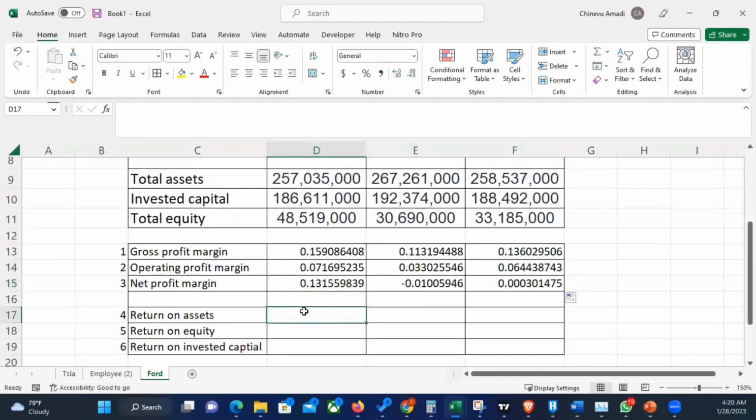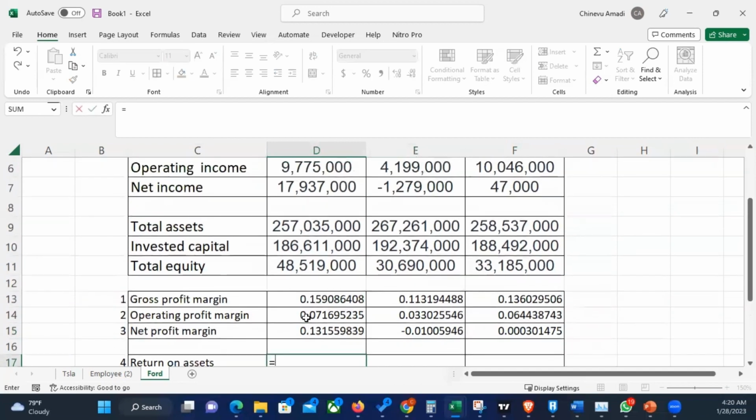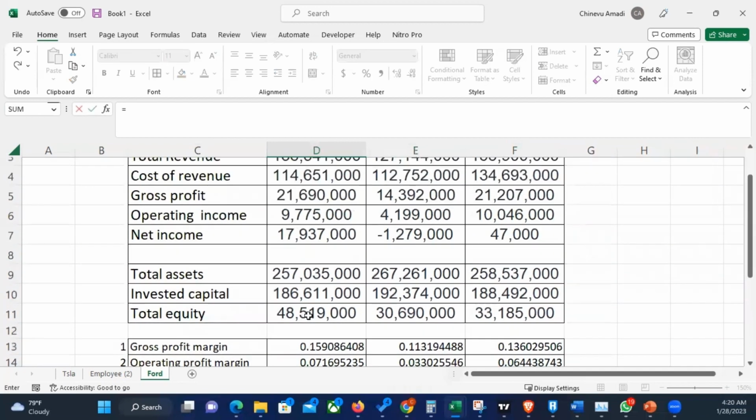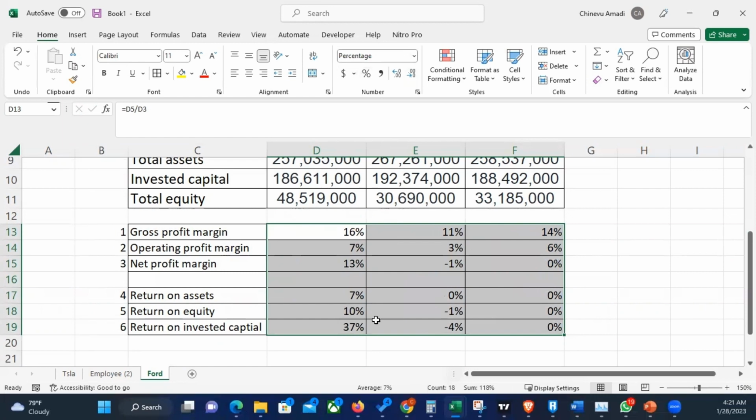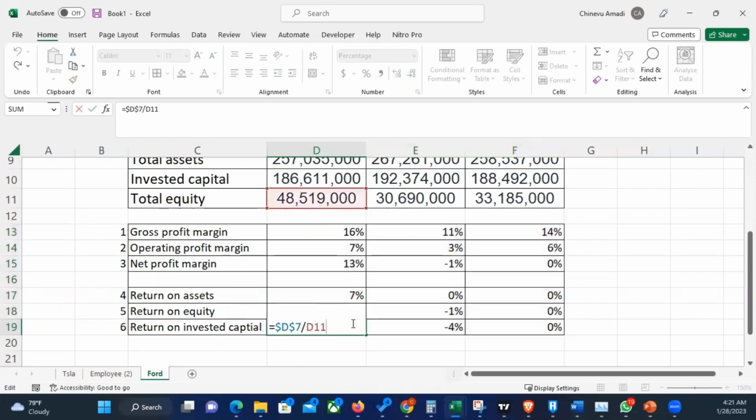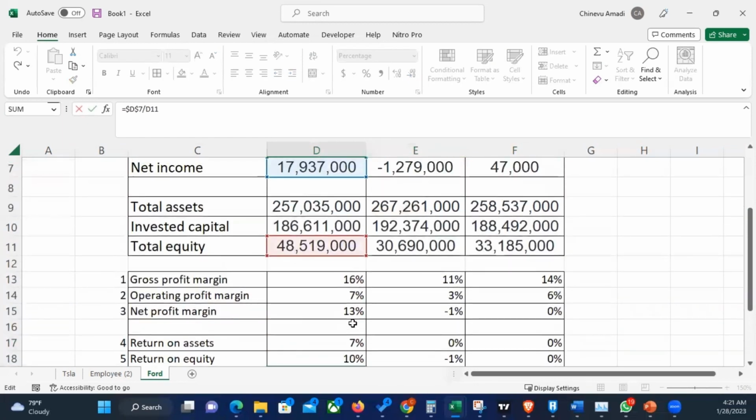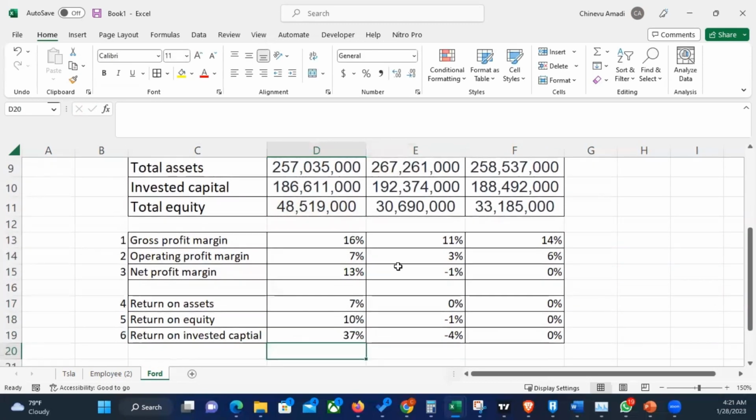So basically, these are the figures for Ford Motors. Now you can compare these two with the figures for Tesla. For equity holders, Ford is making 10%, Tesla is making 18%. So you can also compare two different companies.